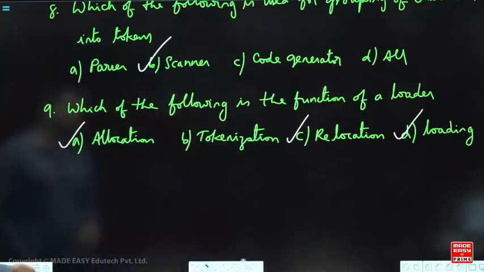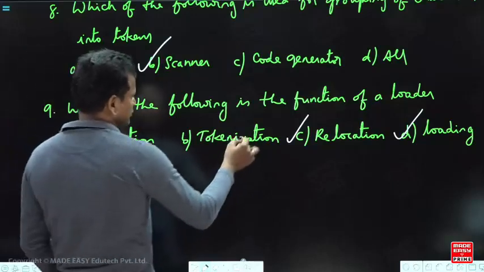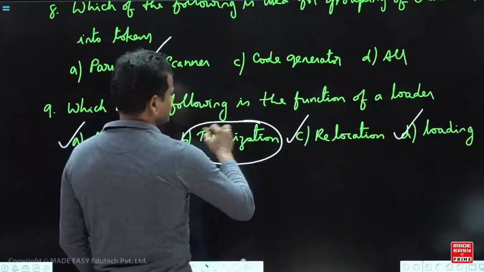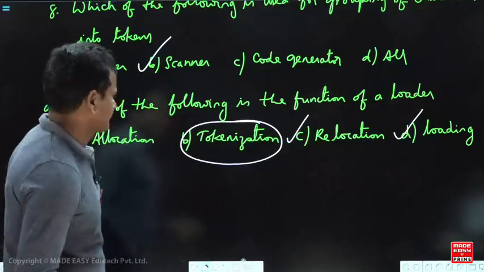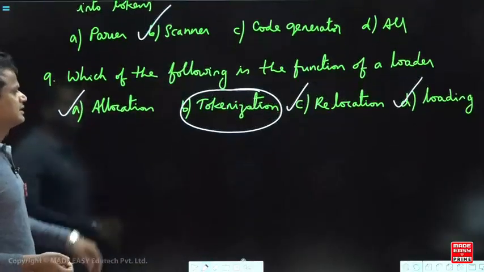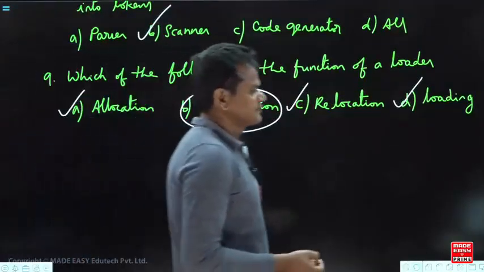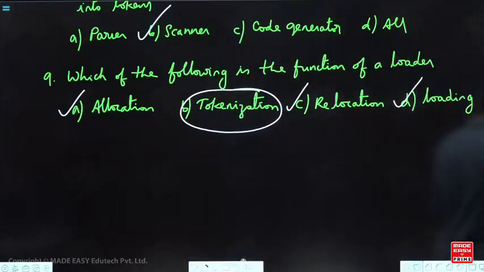Tokenization is part of lexical analysis, done by the compiler. So A, C, D are the options for the 9th question. Some of you have given only C, only D. So why not A, C, D?